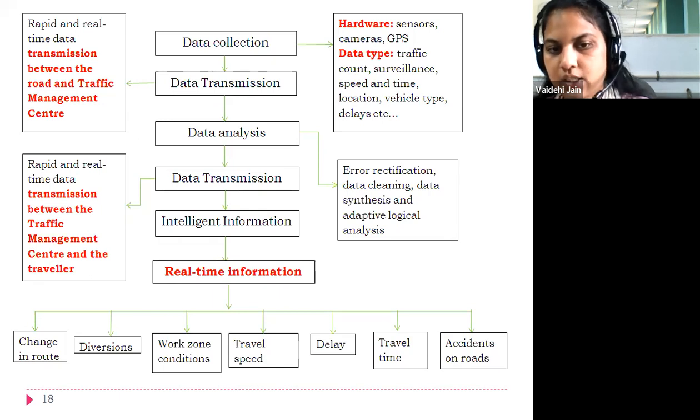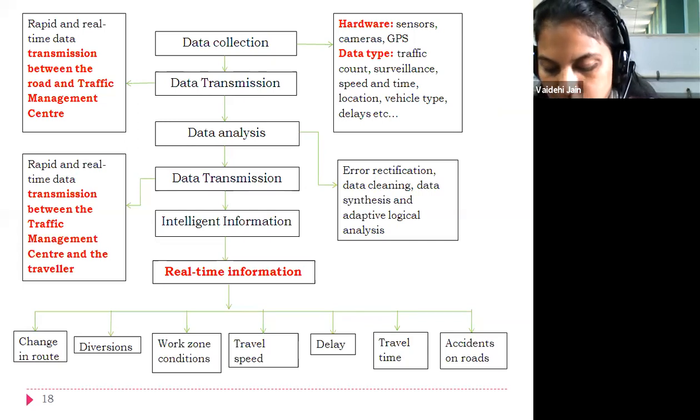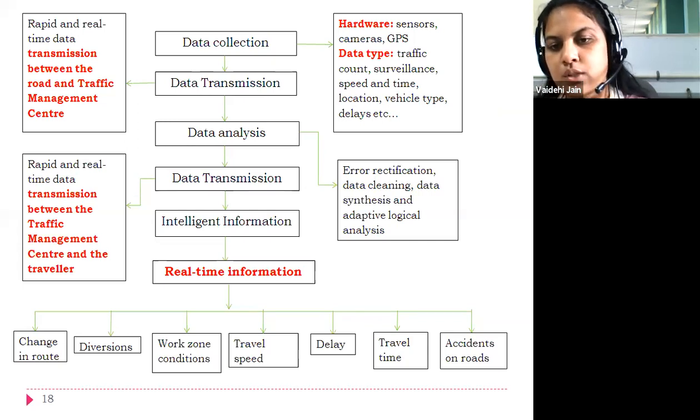And this is the intelligent information, or we can say the real-time information. Again, the same example: if you want to know how much congestion is there on the road ahead, you use the GPS system. In the background of that system, this whole process is going on. The real-time data is collected.